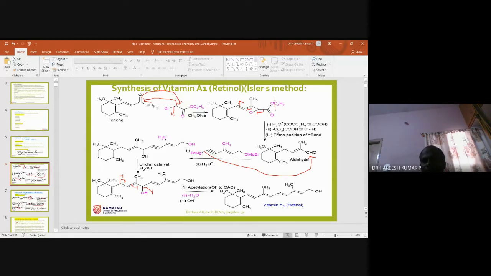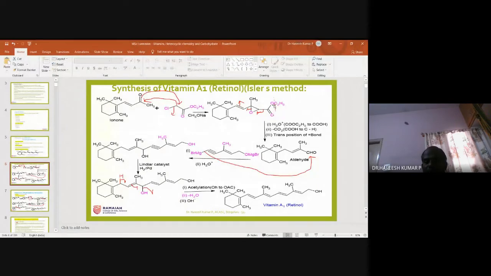So what will happen? The lone pair present on this oxygen picks up a proton and there is a breakage between the oxygen and the ethyl group. Ethyl goes out as ethanol, forming an OH. That is how the acid is obtained when treated with hydronium ion, which is nothing but acid hydrolysis. In the second step, after the acid formation, just by heating there is a removal of carbon dioxide.